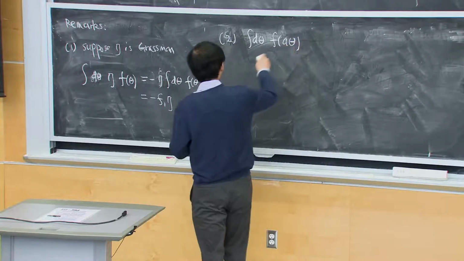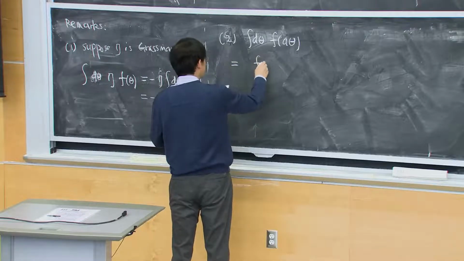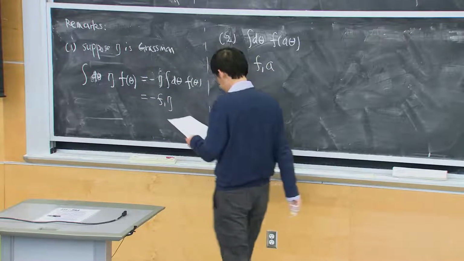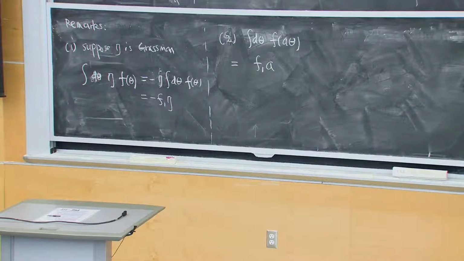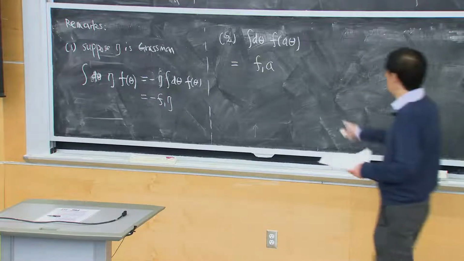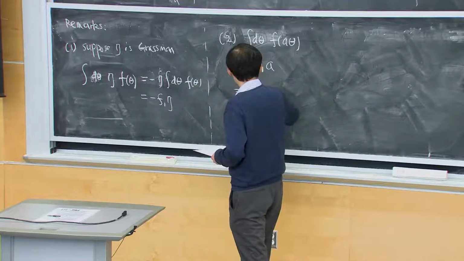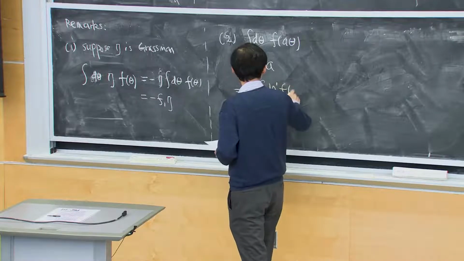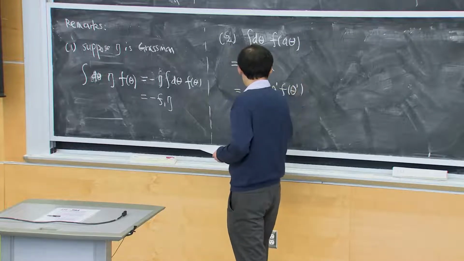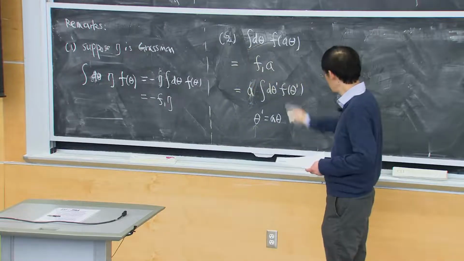You can expand this trivially, and you just find f1 times A. Of course f1 times A is also the same as A times the integral d theta prime f theta prime, where theta prime is A theta, because A is an ordinary variable and doesn't matter.